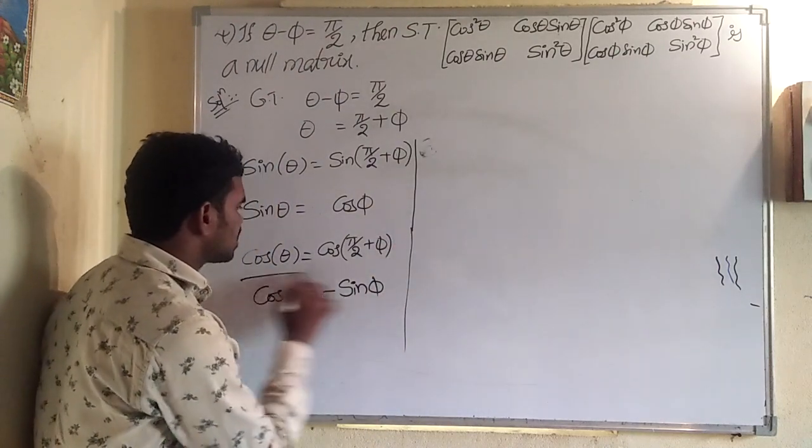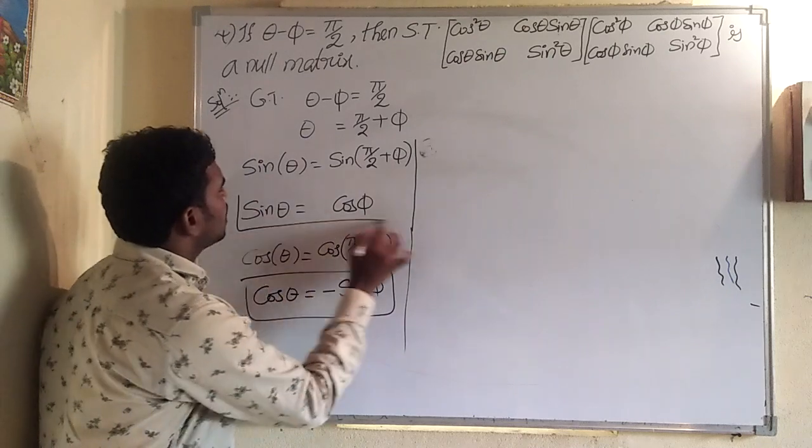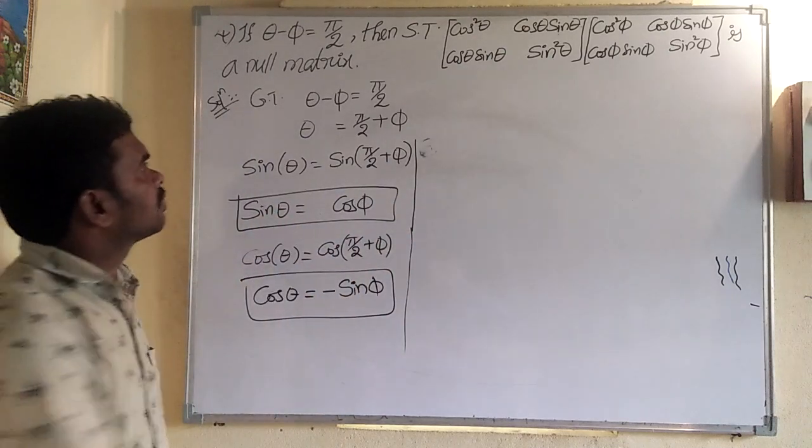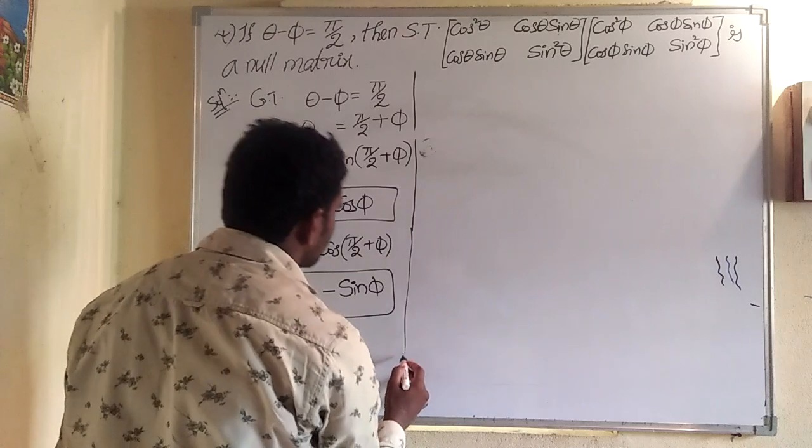So cos theta means minus sin phi, sin theta means cos phi. Clear? Now take the question.